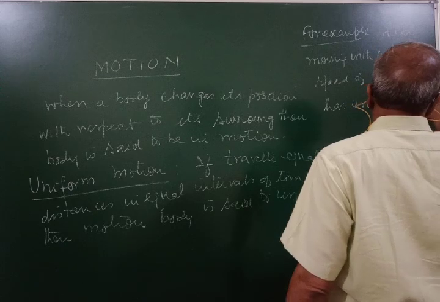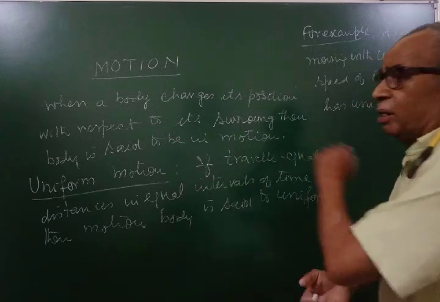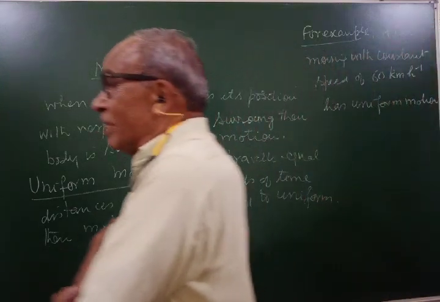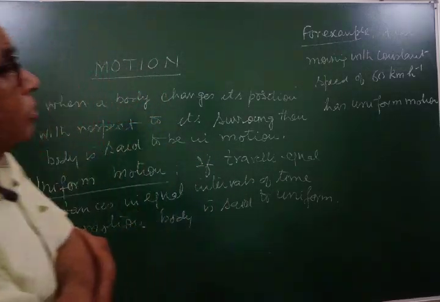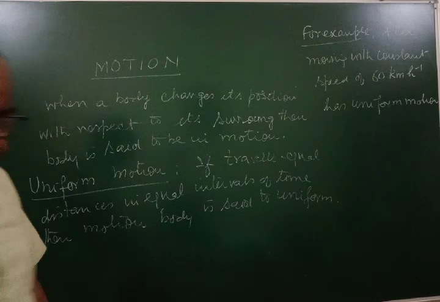Why? Because in every 1 hour it travels a distance of 60 km. So that is said to be uniform motion.